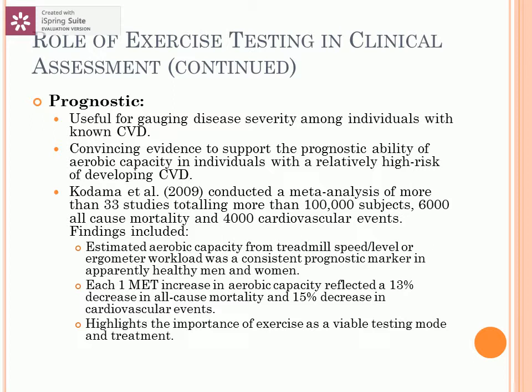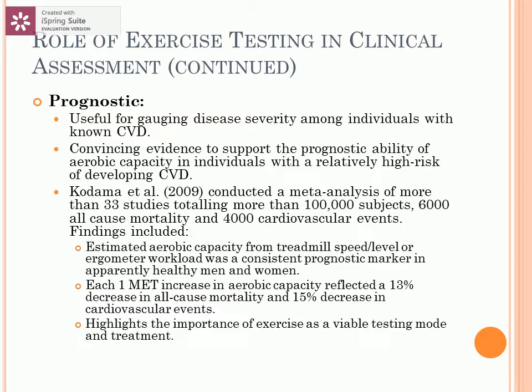There's convincing evidence to support the prognostic ability of aerobic capacity in individuals with relatively high risk of developing cardiovascular disease. A study by Kodama et al. conducted a meta-analysis of more than 33 studies, totalling more than 100,000 subjects.